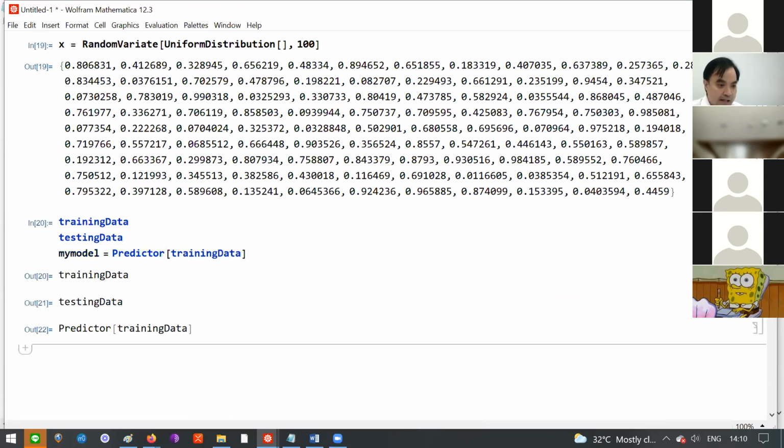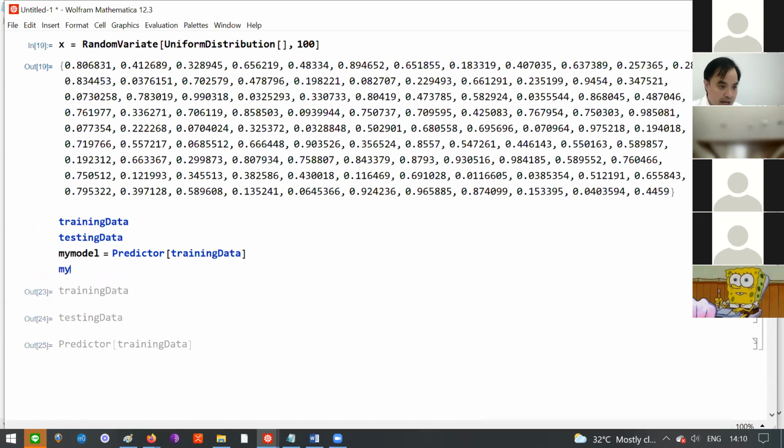I haven't defined any of this, so never mind. Then I say my model performance is equal to predictor measurement of my model.